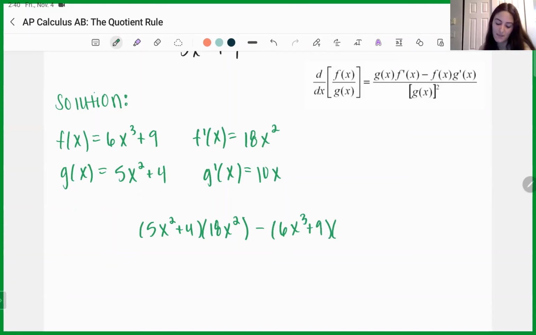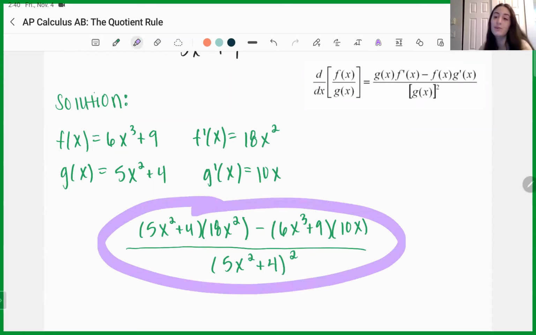And then we multiply that by g prime, which is 10x. And then all of that gets divided by the entire bottom, so all of the g of x squared. So I'm going to put the entire bottom, 5x squared plus 4, in parentheses and square it. This expression right here would be your derivative using quotient rule.